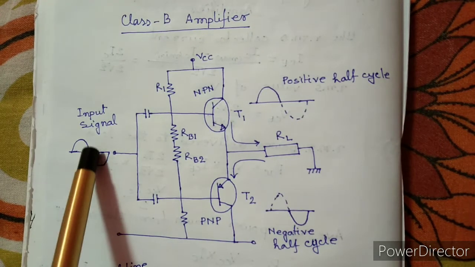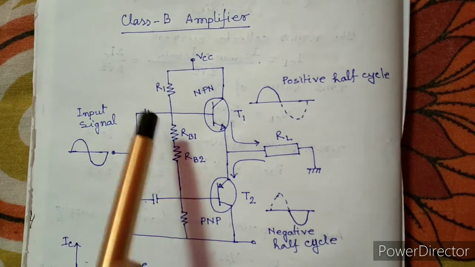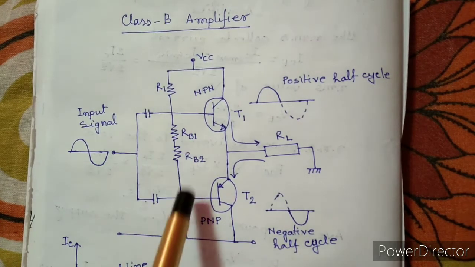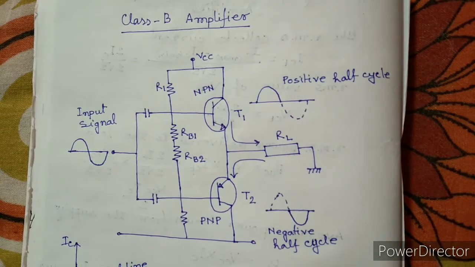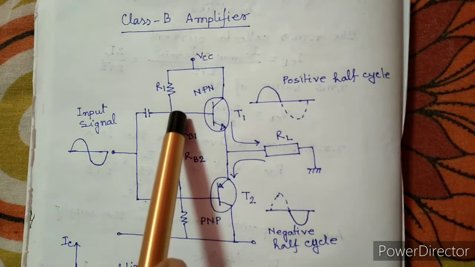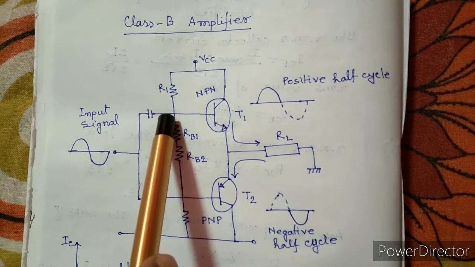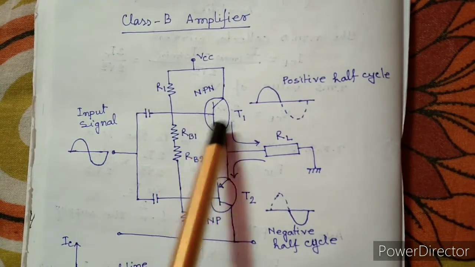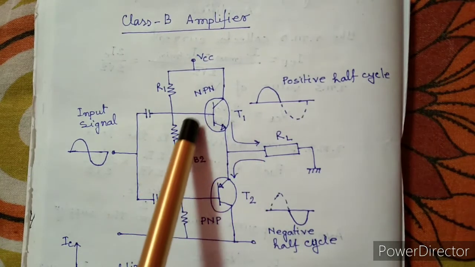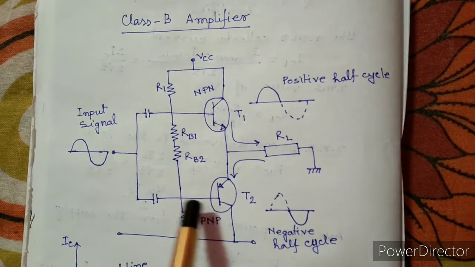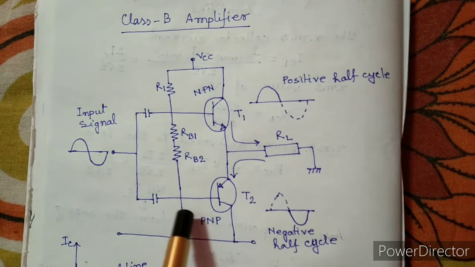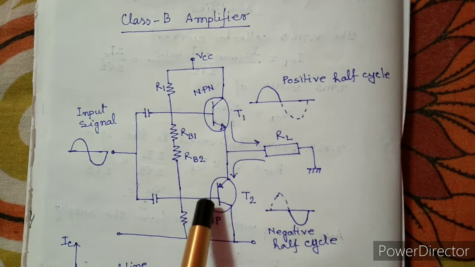Now when the negative half cycle comes, then this point and this point will get the same negative potential, and as we are getting negative potential here and this is an NPN transistor, the base emitter terminal of this T1 transistor will be in reverse bias, but this base emitter will be in forward bias.